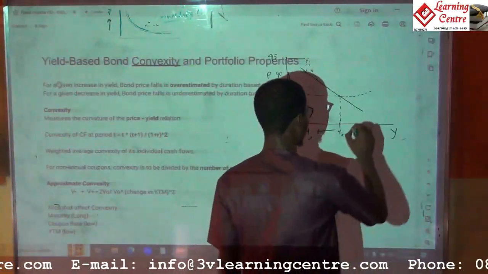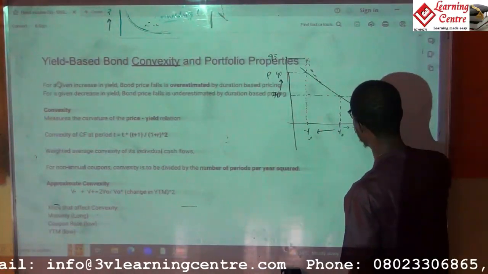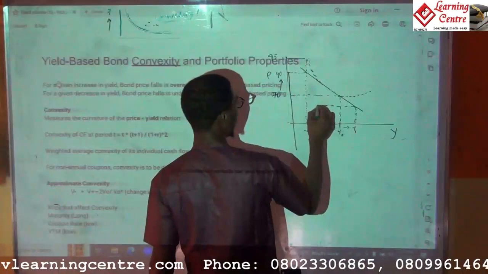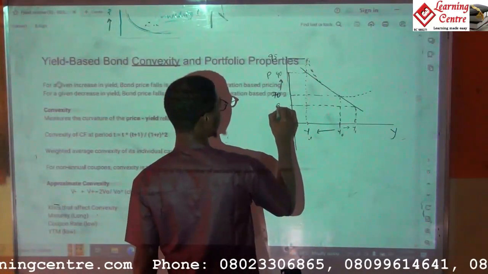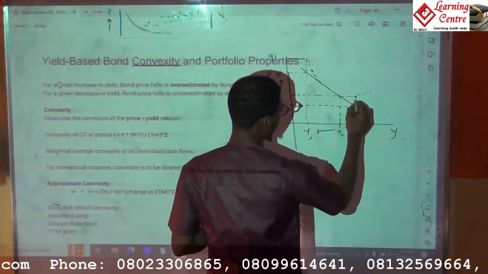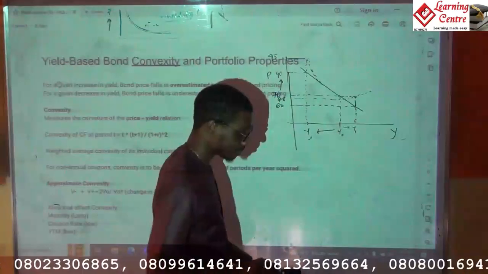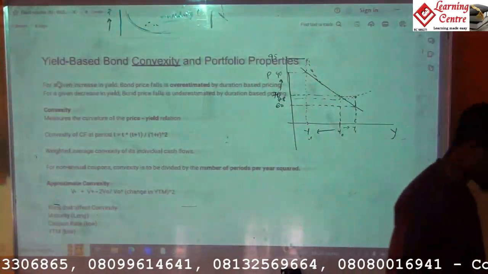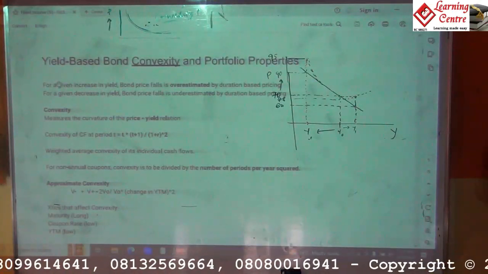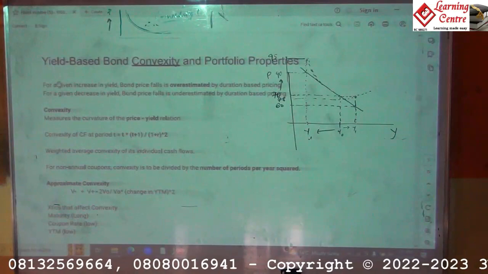When the yield increases, yield moves to this point. Our straight line assumes that the price should fall to something like 60. But when we look at the market, the price actually falls to something like 68. When yield falls, the price increase is higher than what is put on the straight line.